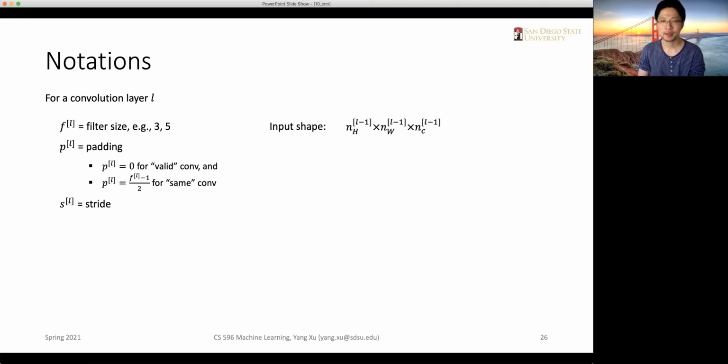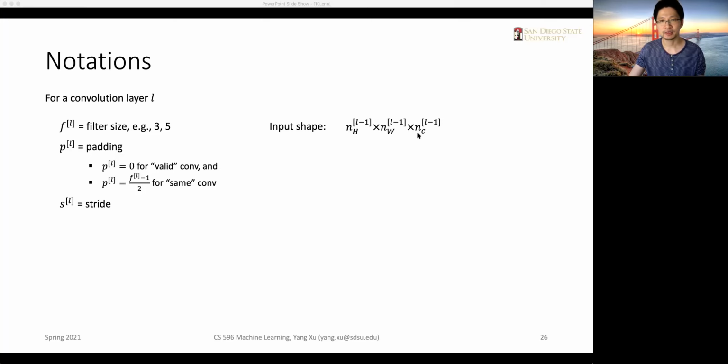We use N superscript H for the height and N superscript W for the width. For the inputs we use L-1 because it's from the previous layer. You can think of it as the activations from the previous layer, so we use L-1 to indicate its shape.